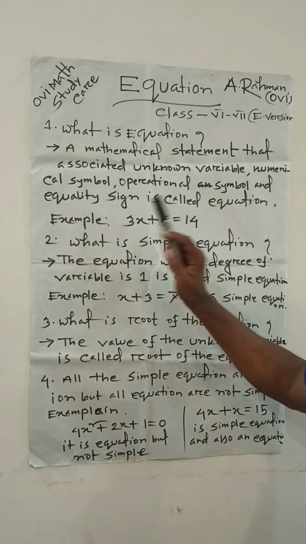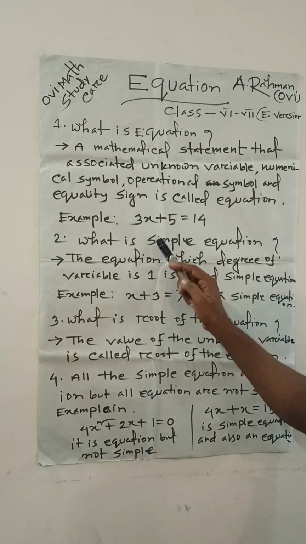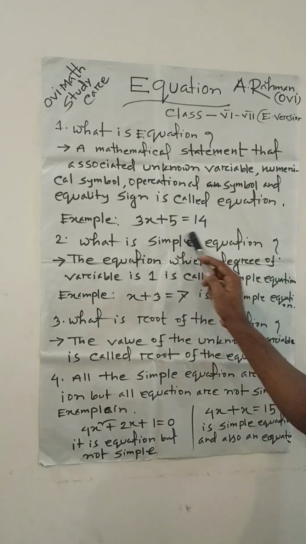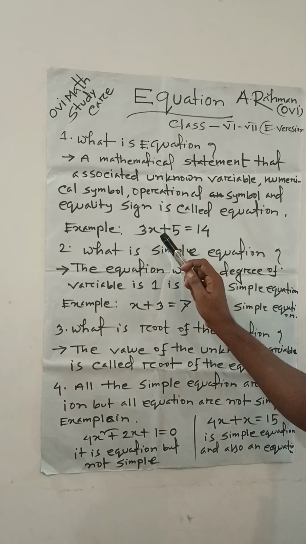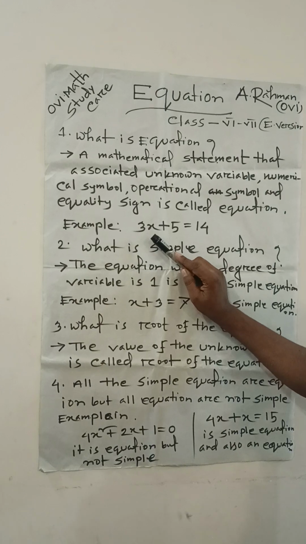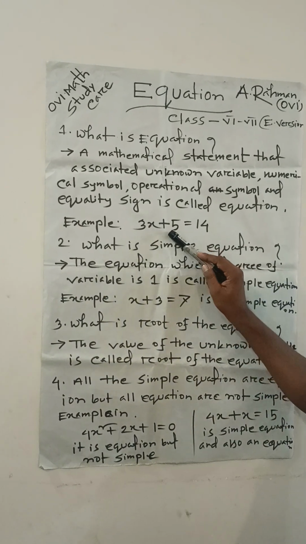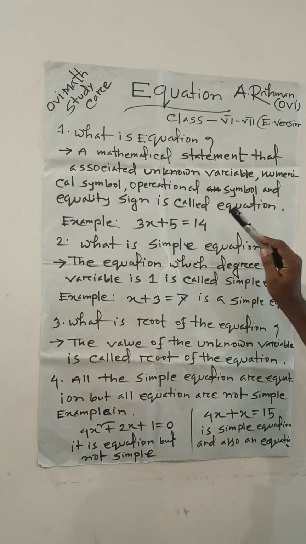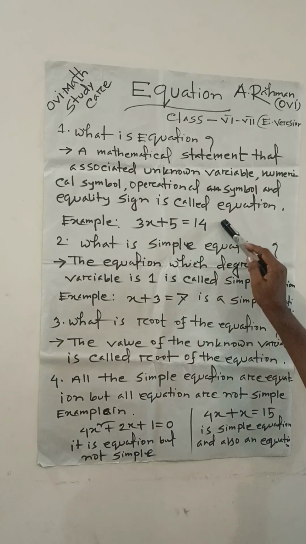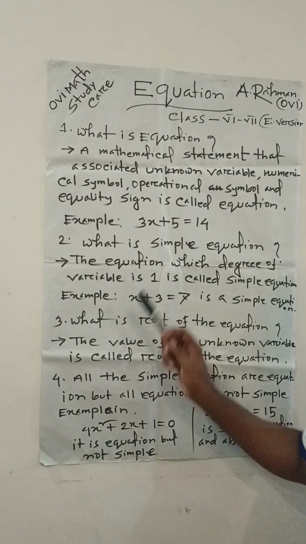Here is, at first we will be clear from this example of equation. There is an example about equation here: 3x plus 5 equal to 14. There is an equation. Why do we call it an equation?